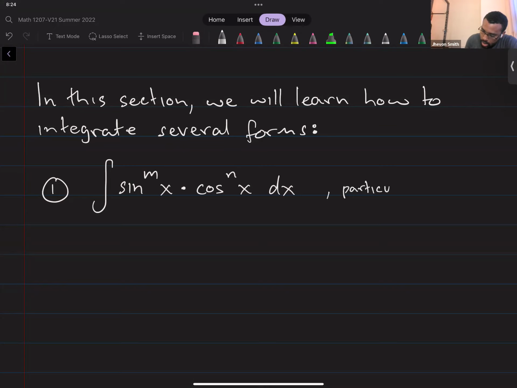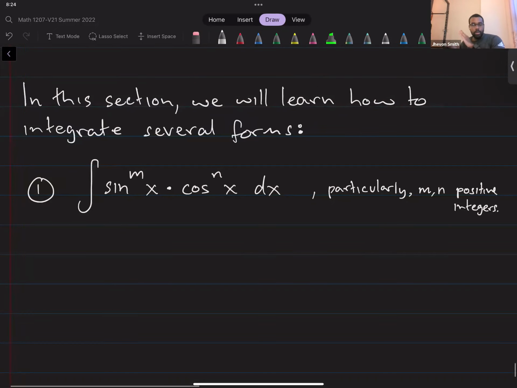Particularly, m and n positive integers. Okay. If they take on other constants, you can figure out ways to deal with it, but I'm going to teach you the way to think about them in terms of integers, right? And this is going to teach you some skills that if they're not integers or if they're negative, you can kind of finagle things and try to figure something out.